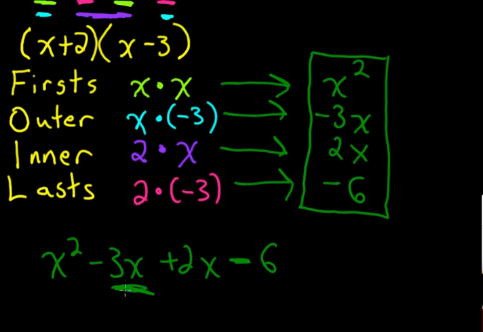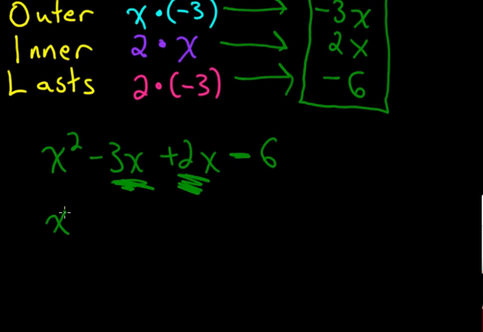But notice, these middle terms, you'll hear that a lot, middle terms, are of the same degree. So we will simplify. Negative 3x plus 2x is minus x, minus 6. And FOIL usually produces a trinomial.